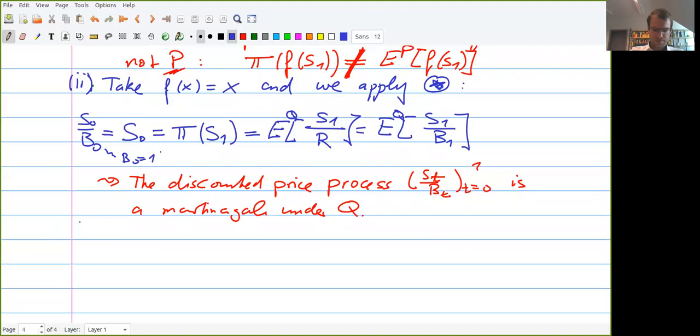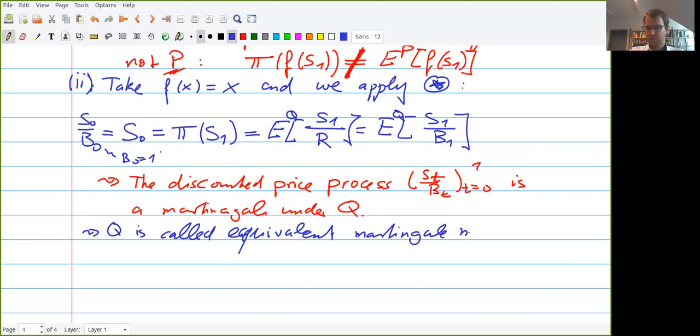So just to say, Q is called the equivalent martingale measure.